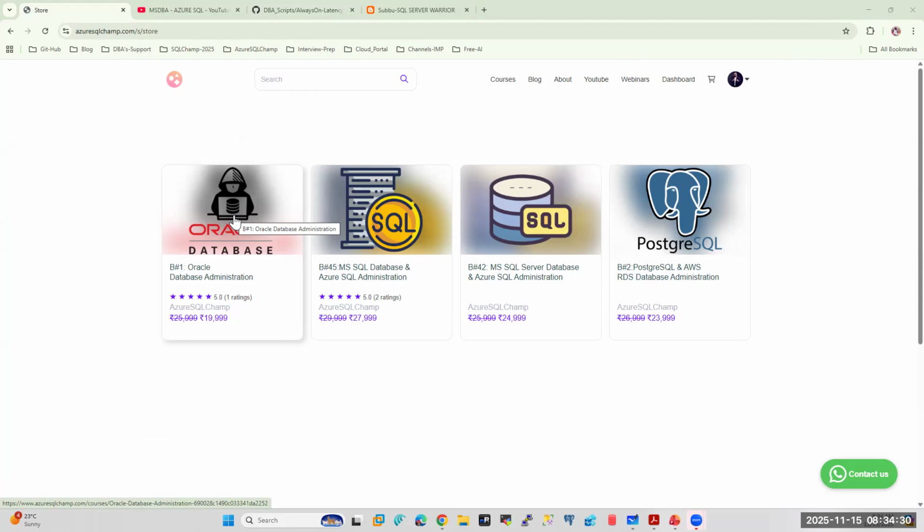One thing we wanted to say: every batch is a never-ending batch. Officially, we say that your batch will complete in 60 to 70 or 70 to 75 days, but in the entire Azure SQL Champ, no batch is ever really complete, because whatever we are learning, we will involve your batch also.